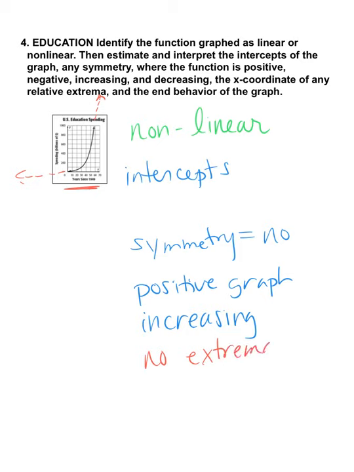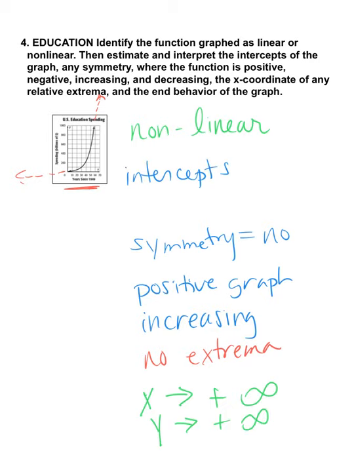But what do you think is going to happen later on in this graph for the end behavior? It's going to keep going. So the yearly spending is going to keep going up. So x is going to keep increasing, and y is going to keep increasing as well.